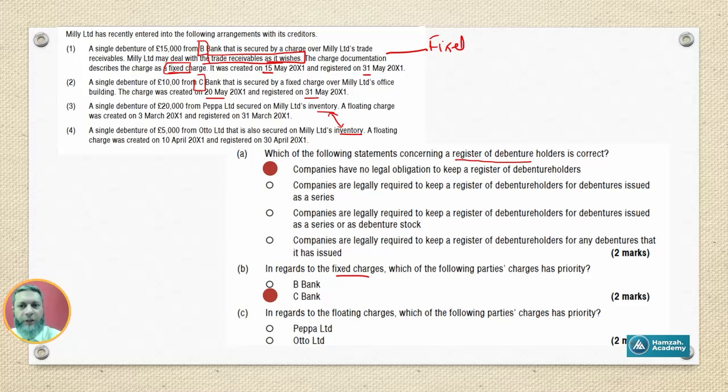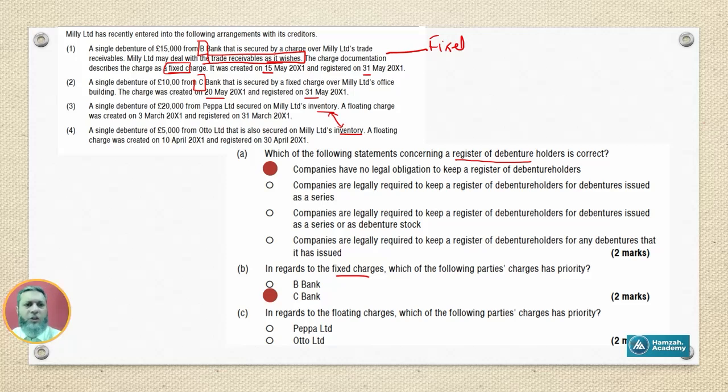The true identification for a charge to be fixed or floating is whether the creditor has allowed the borrower to deal with the asset as they see fit. This means that they can trade in that asset as they wish. So we will say that it is a floating charge. If they have restricted the use, then it is a fixed charge.